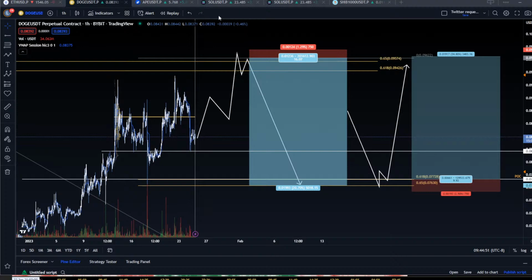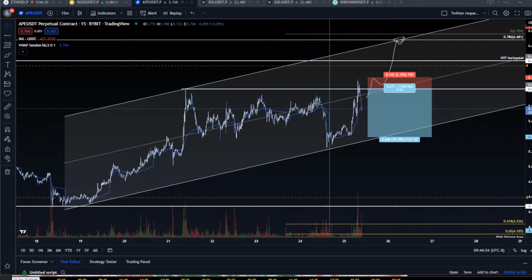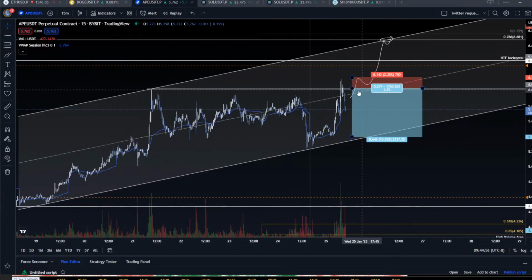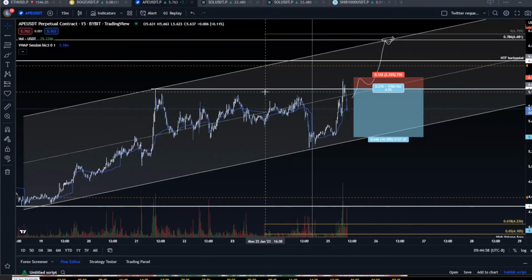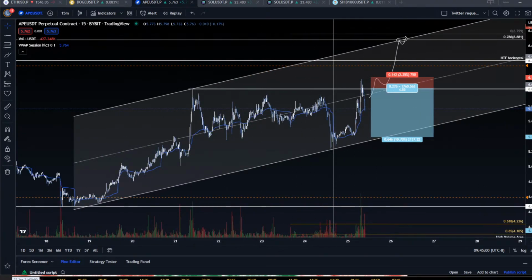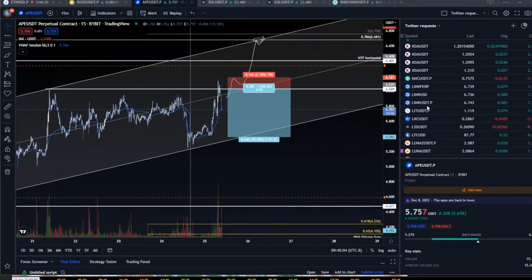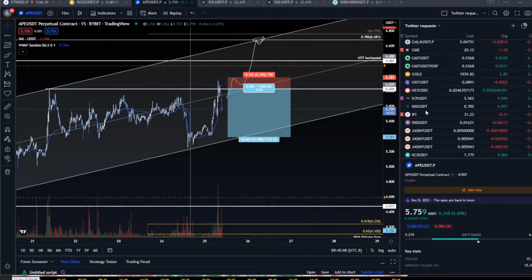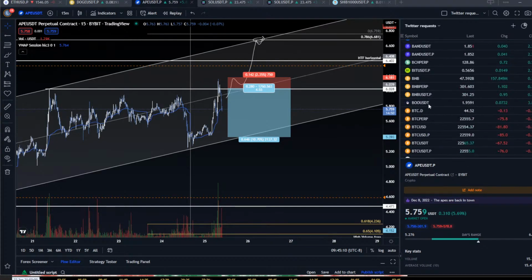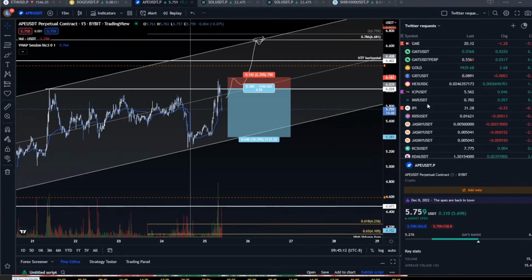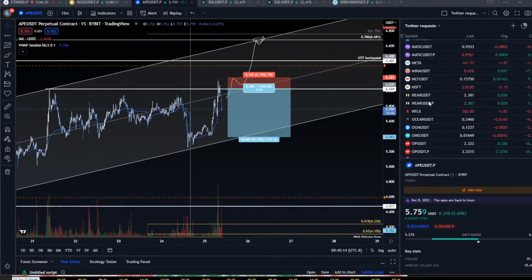Let's do FTM really quickly. This actually would have been a great short setup on APE, just the sweep of this local range high. Yes, I know my ABCs.